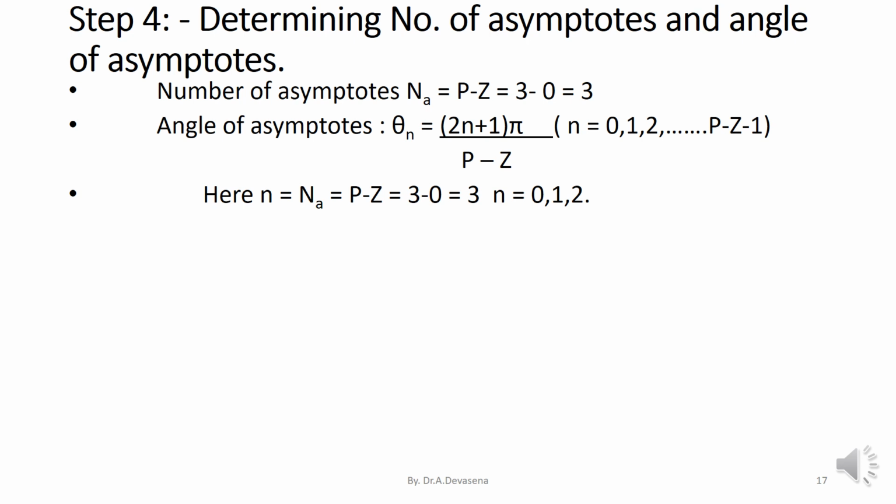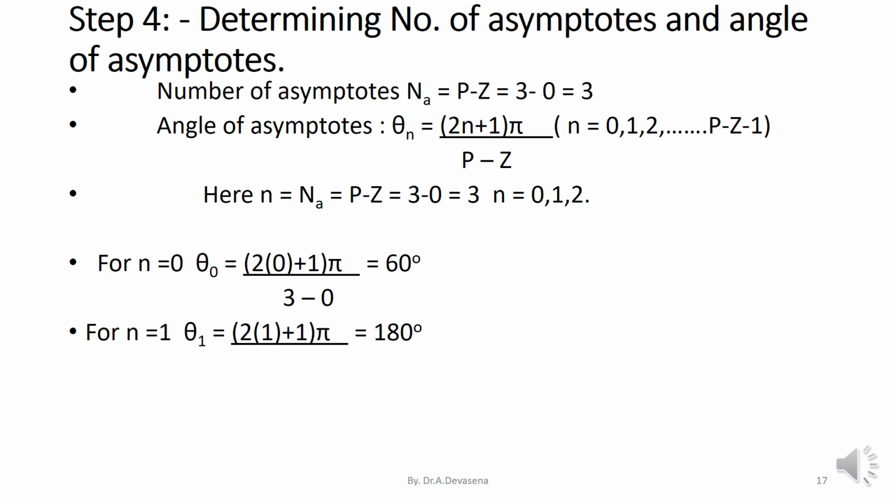Therefore, we have to consider the value of n as 0, 1, 2. Now we are going to calculate the angle of asymptotes for n equal to 0, that is theta_0. If you substitute n equal to 0, we get the angle of asymptote as 60 degree.